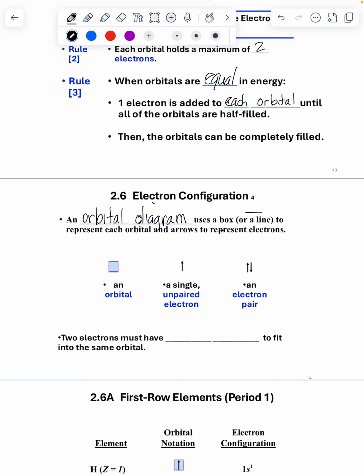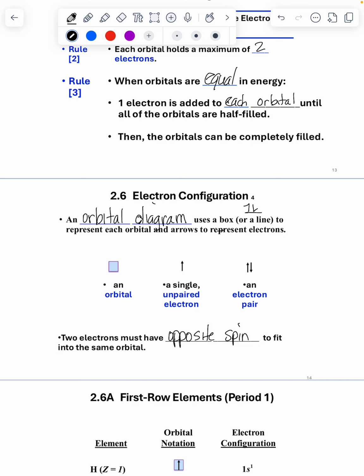So the box represents the orbital, and the arrows represent electrons. So when you have a single electron, it's 1 arrow. When you have 2 electrons in the same orbital, you do 1 arrow up and the other arrow down. And so 2 electrons must have opposite spin to fit in the same orbital, and that's indicated with the arrows, 1 arrow going up and the other arrow going down.